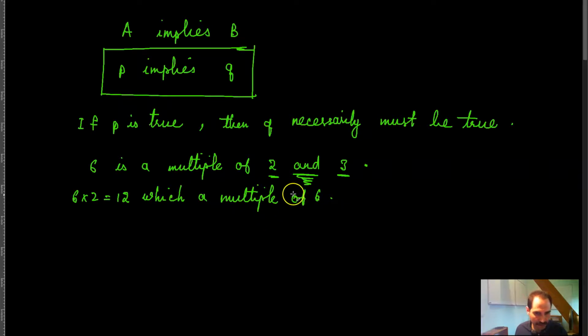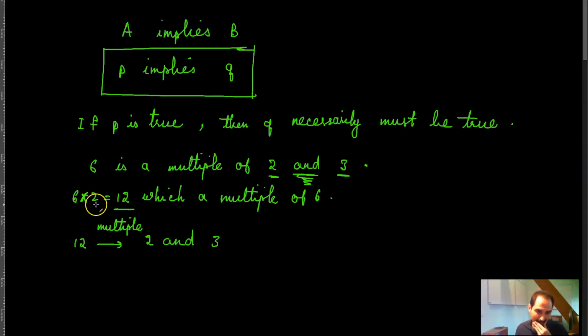So what that means is that 12 is a multiple of 6, and as you can see, it is a multiple of 2 and a multiple of 3 at the same time, simply because the way that we got 12 was we generated 12 out of 6 by multiplying 6 by some number.